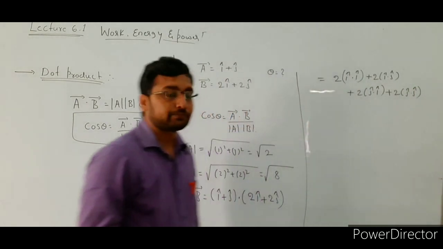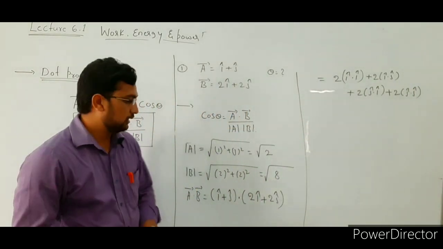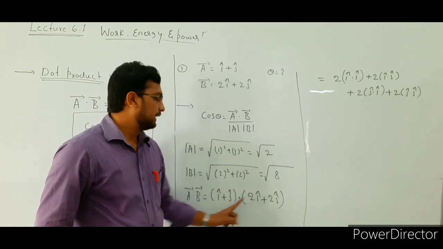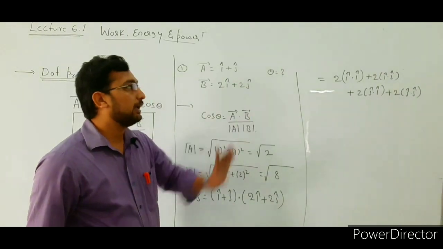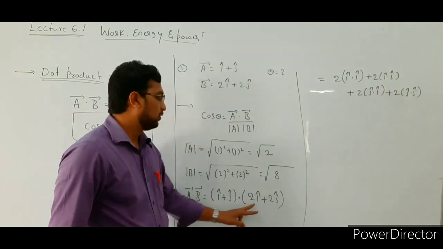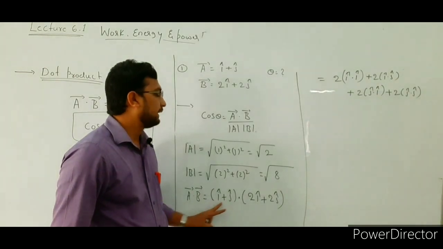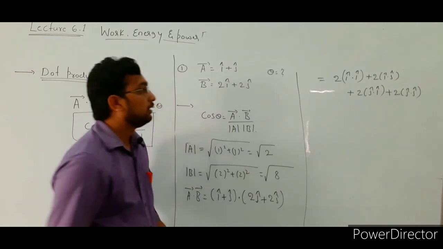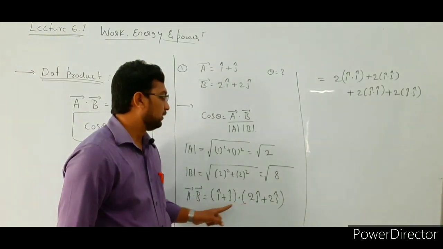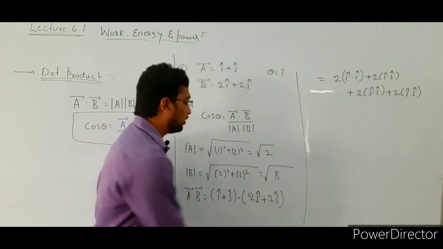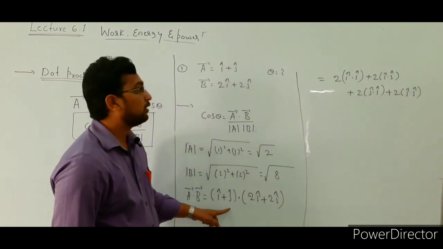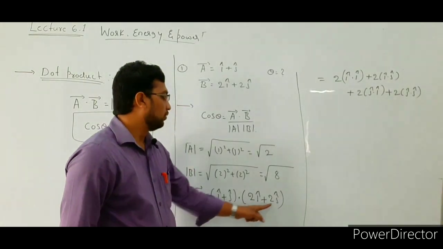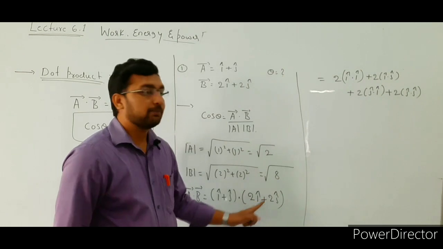Okay, see here. The dot product of these two: the first one is 2 i cap dot i cap, plus next one 2 i cap dot j cap, plus 2 j cap dot i cap, next one 2 j cap dot j cap.